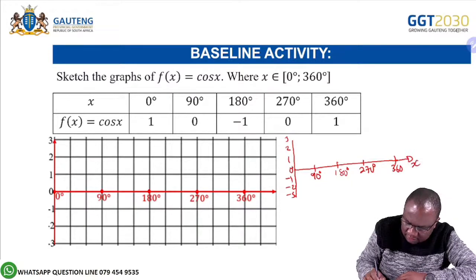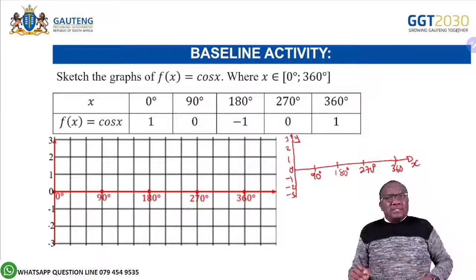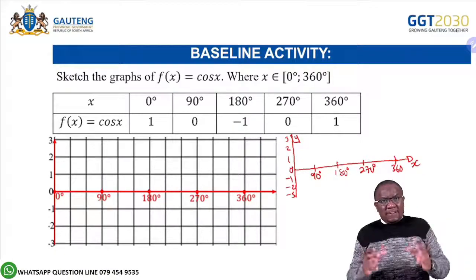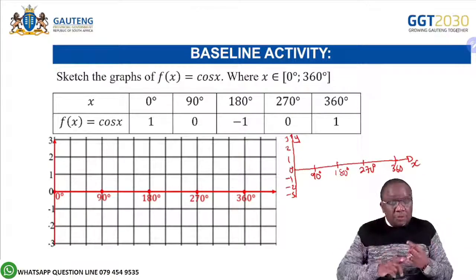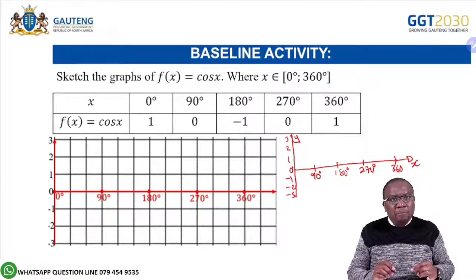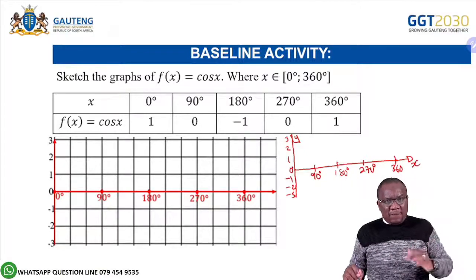This is our x or theta, and this is our y. Okay, right, that is enough. I'm going to give you 5 minutes. In these 5 minutes, I want you to draw the Cartesian plane, plot these 5 points, and then sketch your graph after that. Let's try.